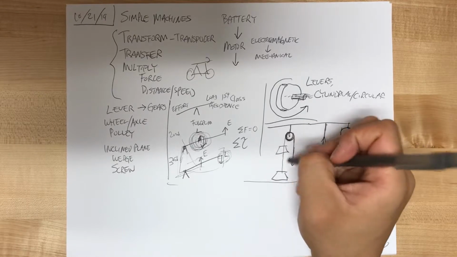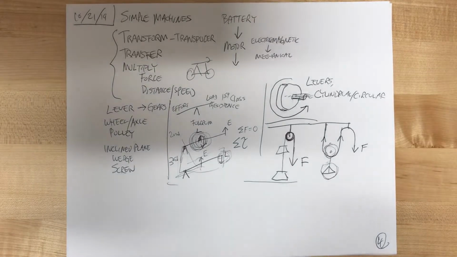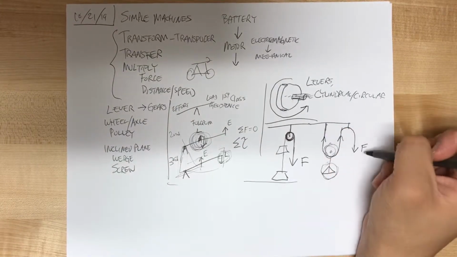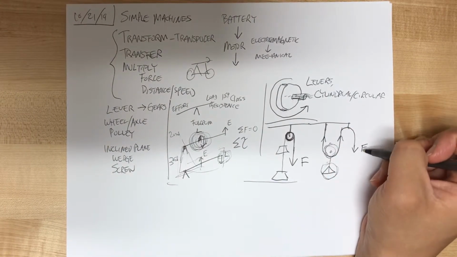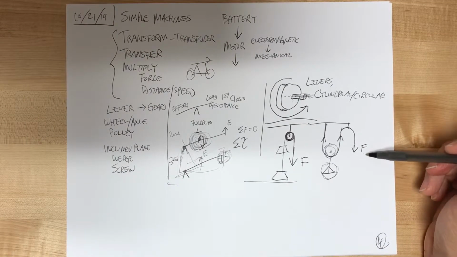So in this first example, you only have one piece of the rope holding up the weight. In the second example, you have two pieces of the rope. So the effort that you give is half as much when you do the analysis. However, it goes through a shorter distance. So you have to pull at a greater distance, but it doesn't take as much effort.